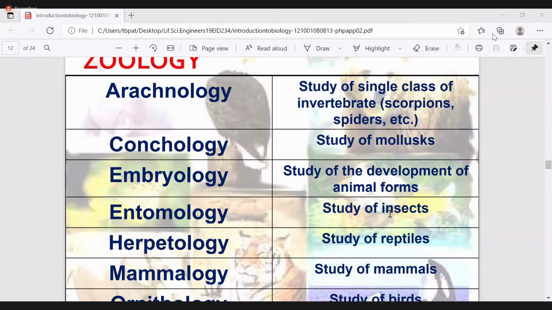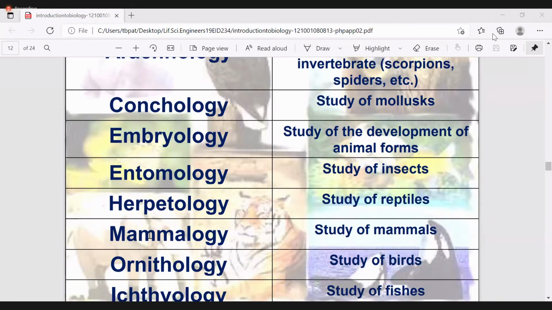It attacks the plant crops, and the yield declines. Entomology is the study of insects, and herpetology is the study of reptiles. The reptiles are nothing but snakes, either poisonous or non-poisonous. Herpetology. Next is mammalogy, the study of mammals.